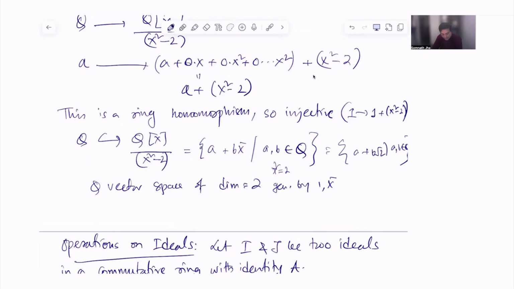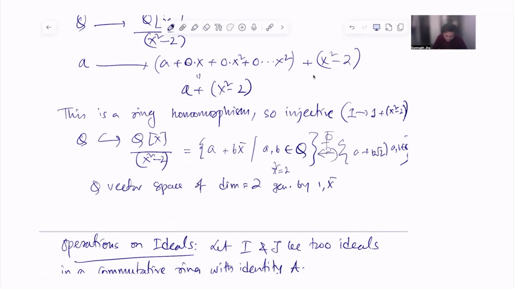If something is in I, it is 0. So the main property is x bar square equal to 2. So a plus b x bar has a canonical identification via your phi with a plus b root 2, where x bar is in some sense root 2.